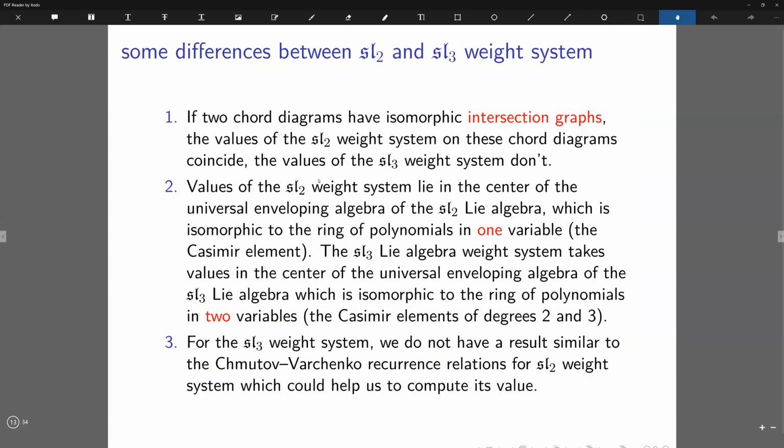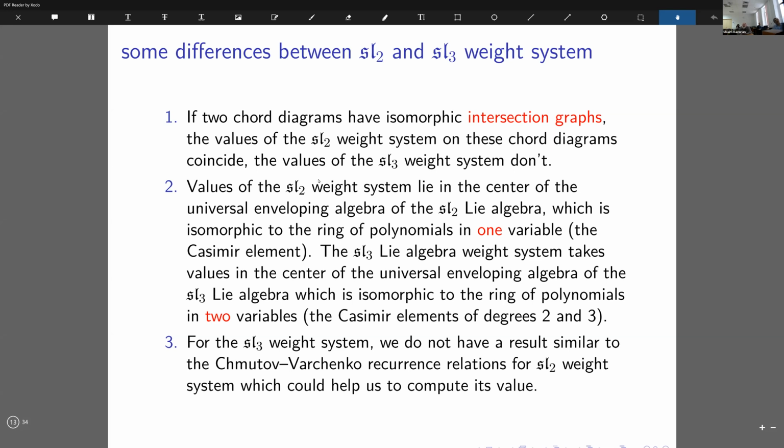Here is something that's different between the SL2 and SL3 weight systems. The first thing is that the SL2 weight system takes the same value on two chord diagrams that have the same intersection graph. I didn't give you the definition of intersection graph. Sorry? Yes, we are discussing whether the center of the universal enveloping algebra admits a Hopf algebra structure.